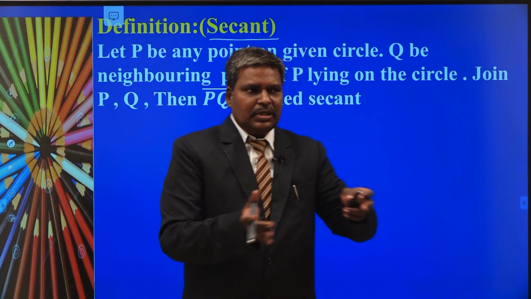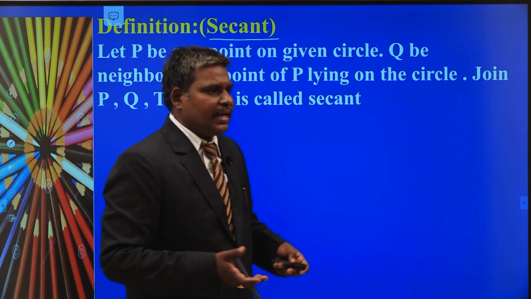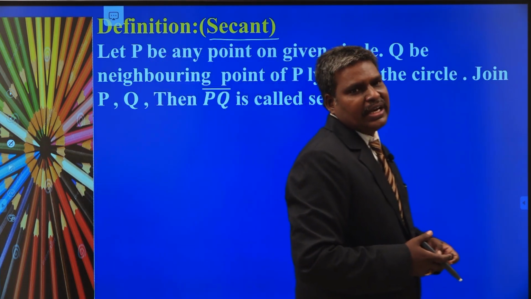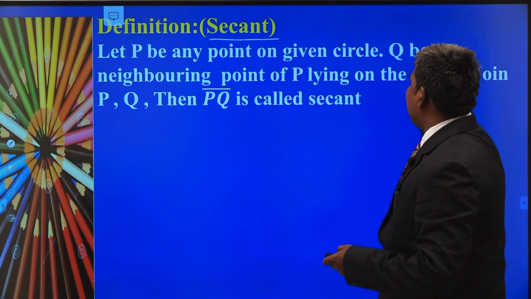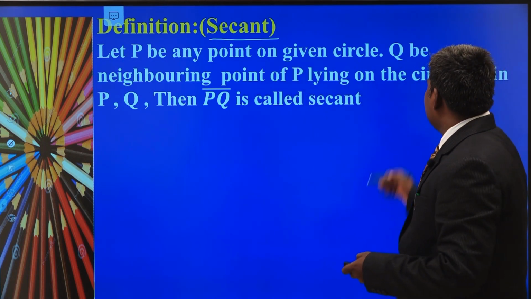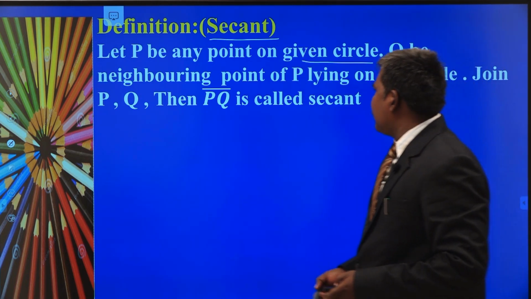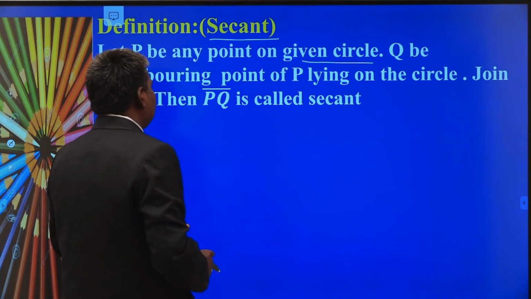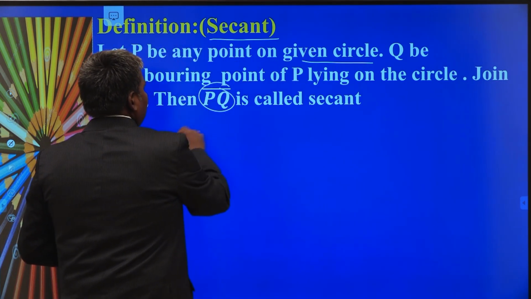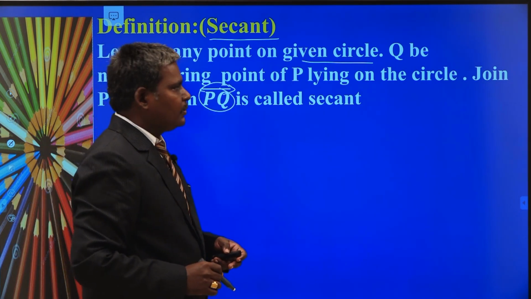The line passing through the two points P and Q is called a secant line. P is any point in the given plane of the circle, and Q is any neighboring point of P which lies on the circle. Join PQ, then the line PQ is called a secant line.